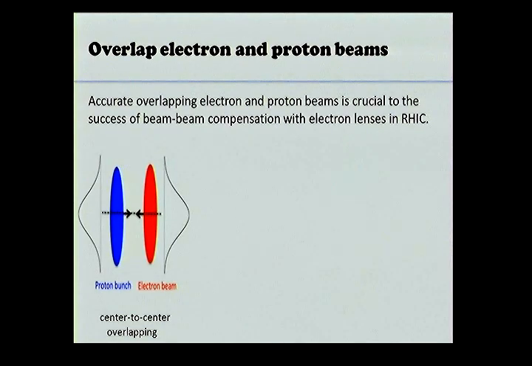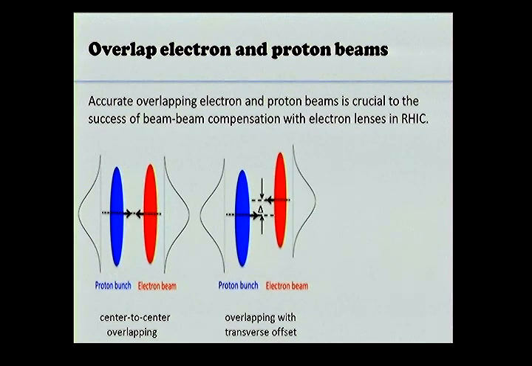Another important issue is to overlap the electron and the proton beam. Accurate overlapping of the electron and the proton beams is crucial to the success of the beam-beam compensation with electron lenses in RHIC. Here I show the perfect overlapping of the proton bunch and the electron beam, center by center.